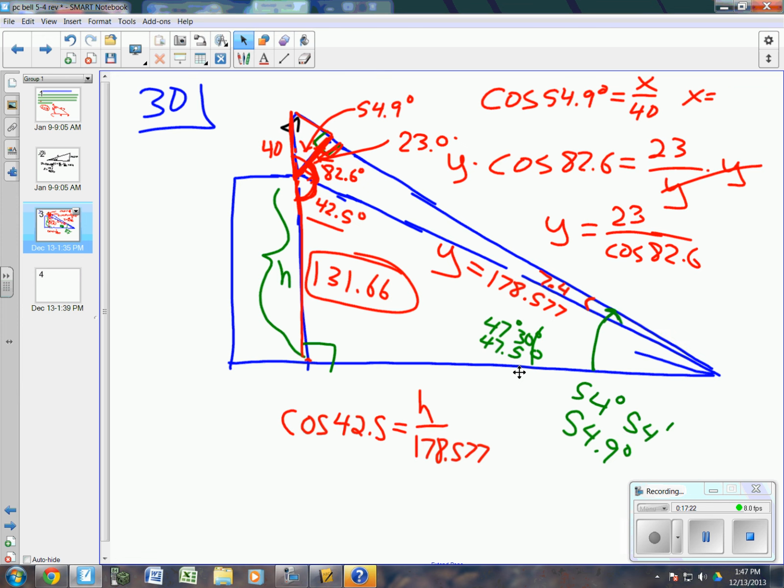Is that what you guys all got? Notice that you went to the right 1/2, and you can either go up to 60 or down to 300, but you went right, and the cosine is defined to be 1/2. So 60 or 300. This one's 60 degrees. This one's 300 degrees.